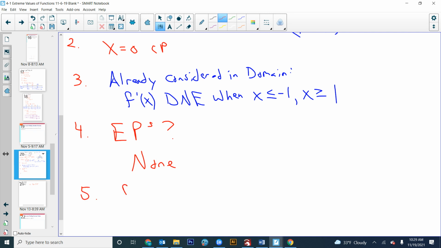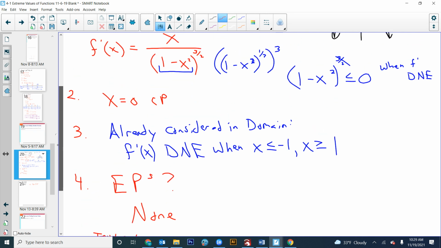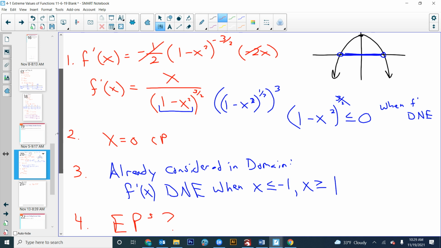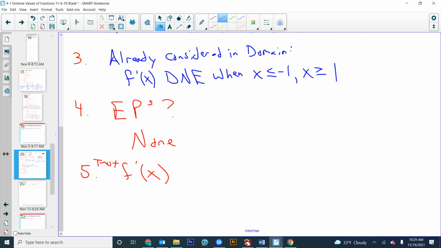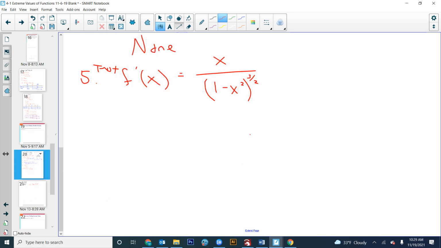Step 5, f prime of x. We're going to test f prime of x, x over 1 minus x squared to the 3 halves. All right, got our number line.